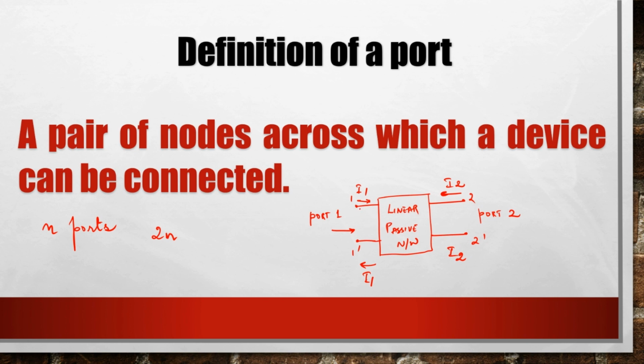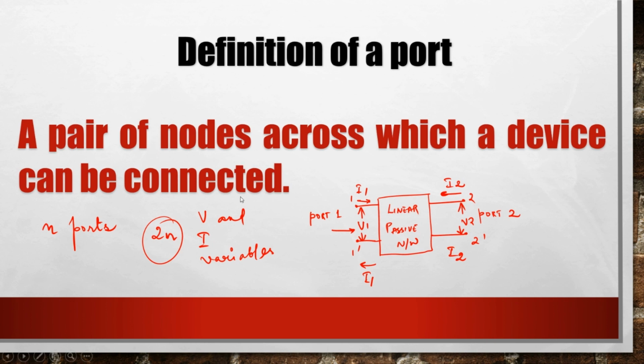And if the voltage across 1 1 dash is V1, this is the voltage across port 1. Here we'll be having V2. That's the voltage across port 2. So if you notice, there are I1, I2, V1, and V2. So four current and voltage variables associated with a two port network.